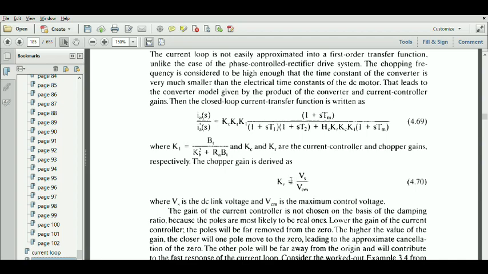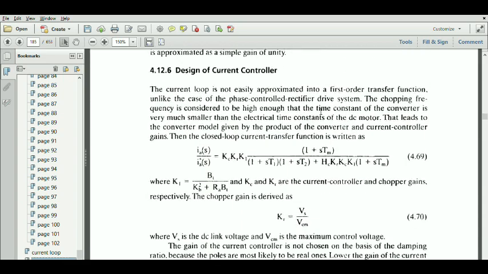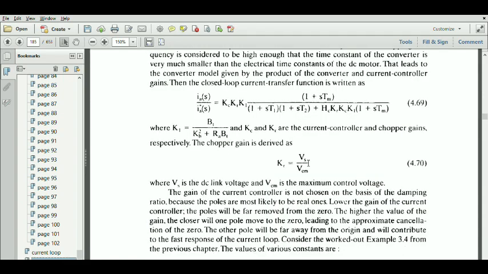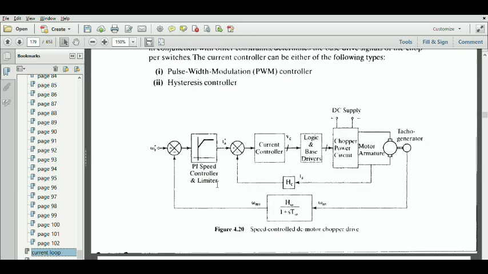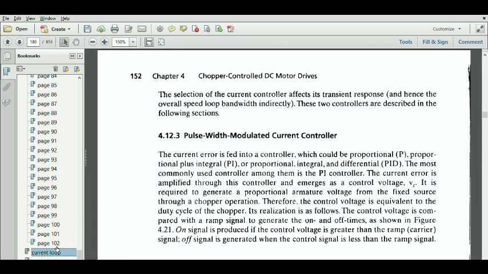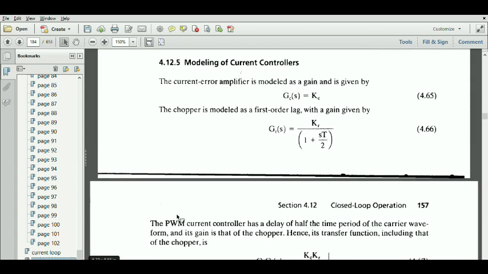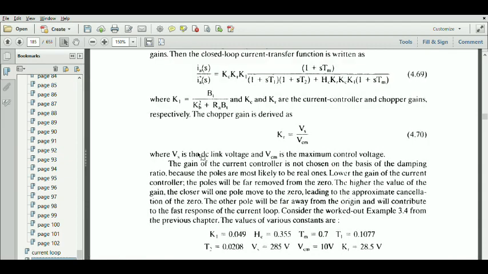One more thing, this KR we have found here is the same KR represented here, and it is equal to Vs by Vcm. This is the chopper model, where Vs is the DC link voltage and VCM is the maximum control voltage.